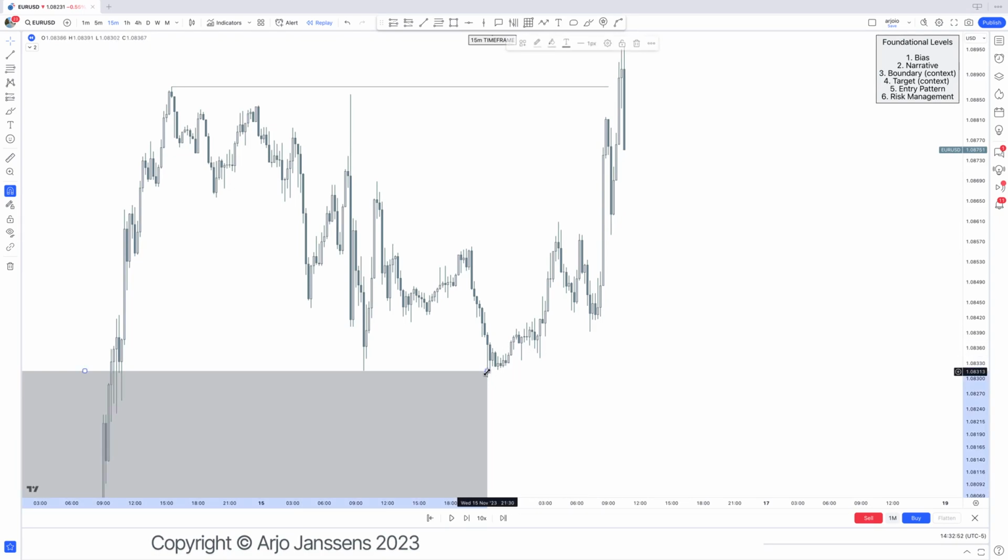Then into that PD array, if we are looking at bullish price and we want to see a bullish sharp turn, we want to see displacement into the PD array, so fair value gaps lower into the PD array, and fair value gaps out of the PD array. That is exactly what we would want to see. So that is displacement in, displacement out. PD array, displacement in, displacement out. That creates a sharp turn.